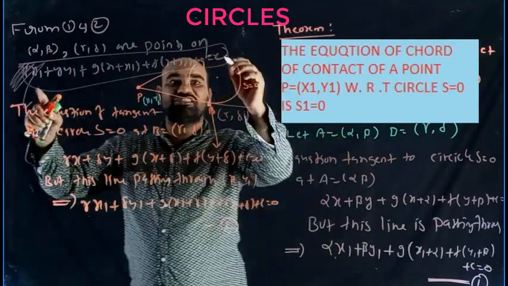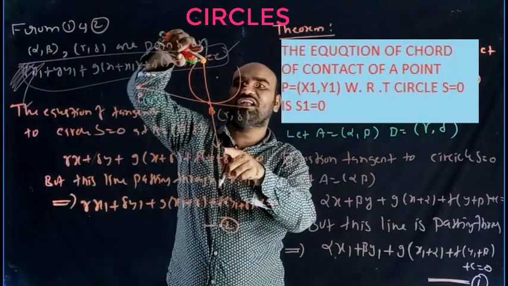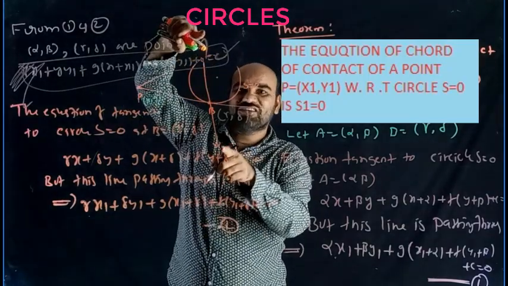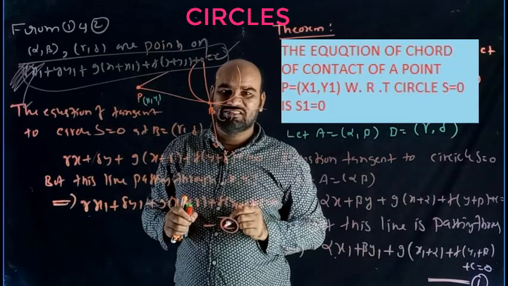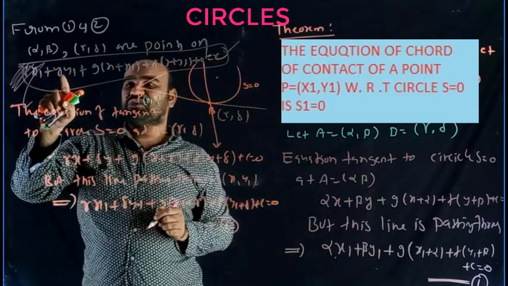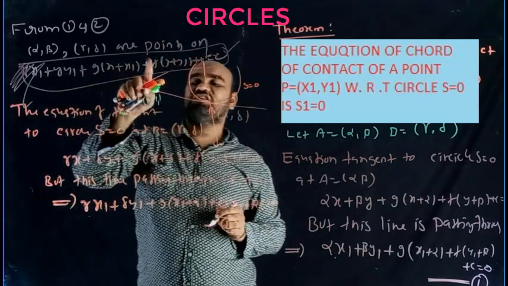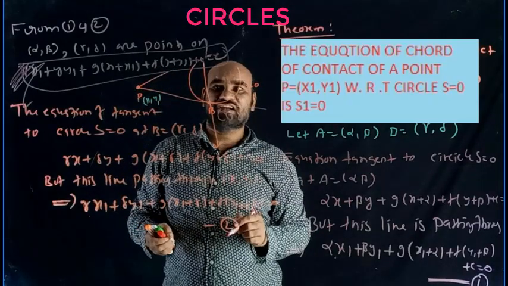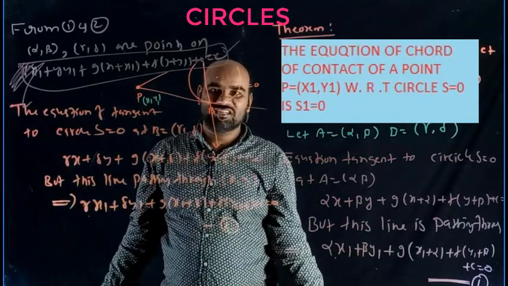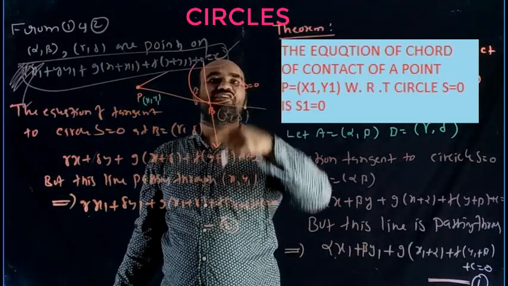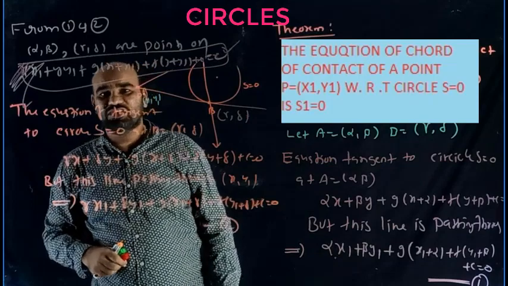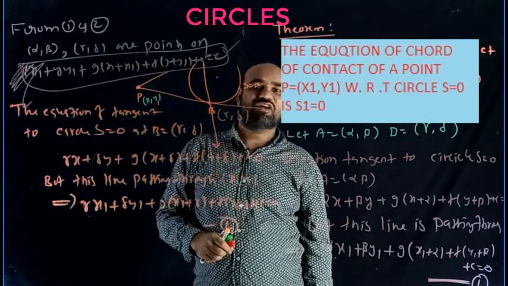That means this straight line is represented by the line which is passing through alpha comma beta and gamma comma delta. This is the equation of the chord of contact. That's why xx1 plus yy1 plus g times of x plus x1 plus f times of y plus y1 plus c equal 0 is the equation of the chord of contact. This is nothing but S1 equal 0 only. Therefore, S1 equal 0 is the equation of the chord of contact.